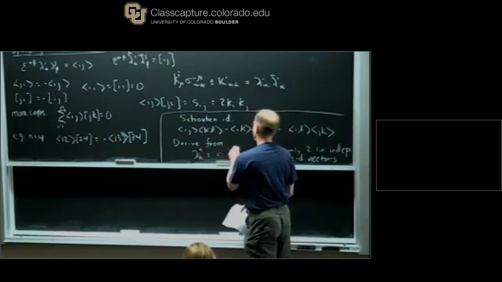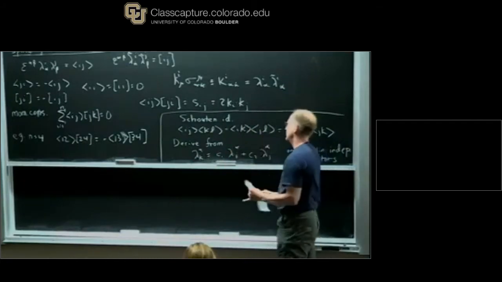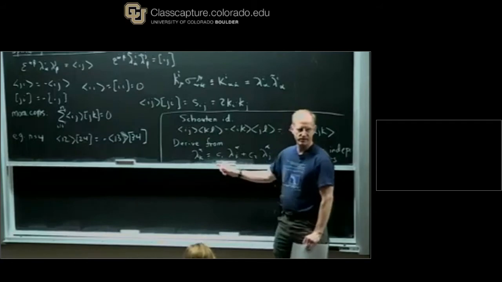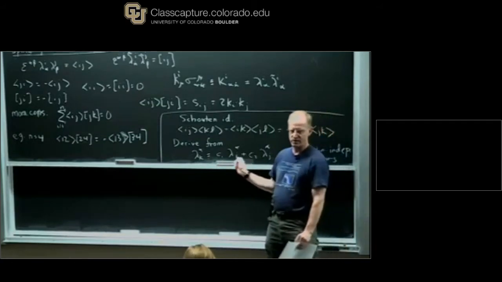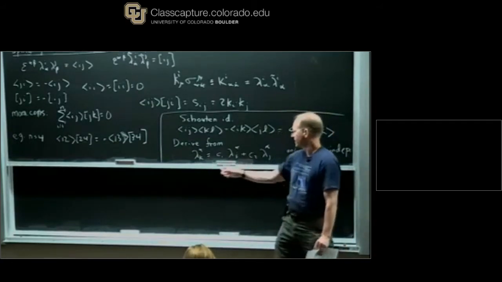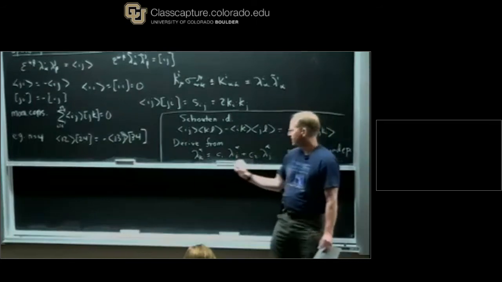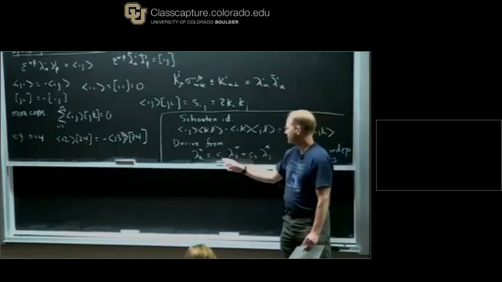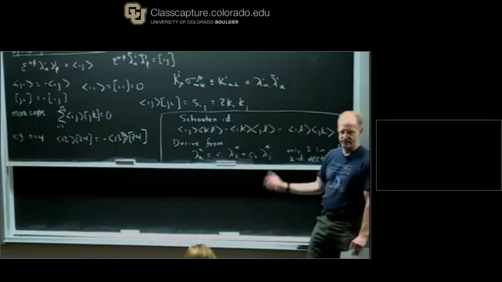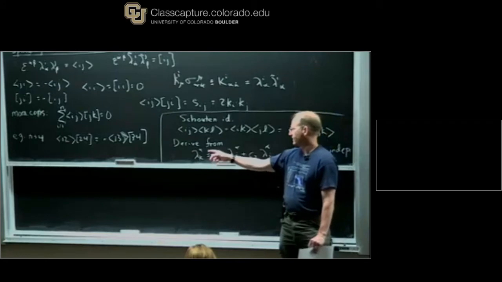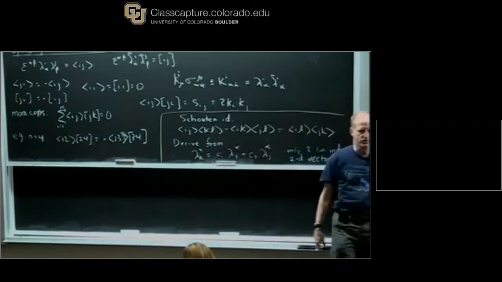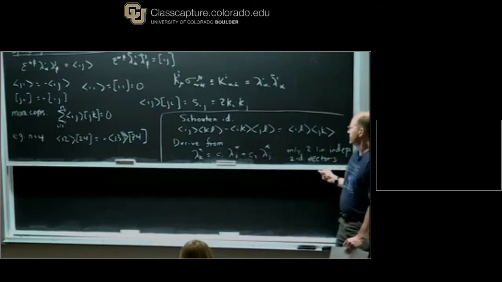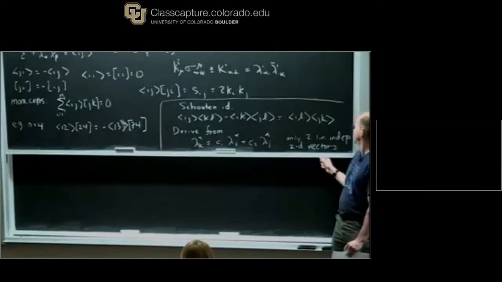Maybe I should put an alpha on it. And then these coefficients are numbers. You can work out what these numbers are. They will be ratios of spinner products by contracting this equation with lambda i and lambda j. You can work out what these coefficients are. And then after you know what c1 and c2 are, you can contract with lambda l, and you'll derive this equation. So this is a handy identity.